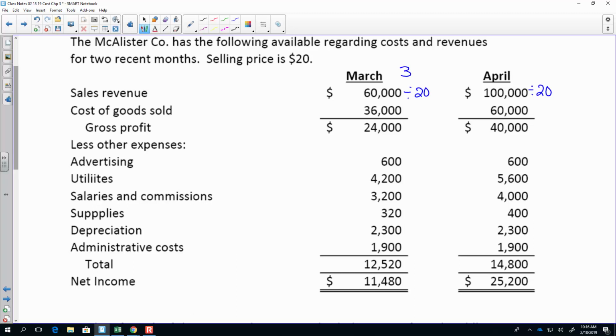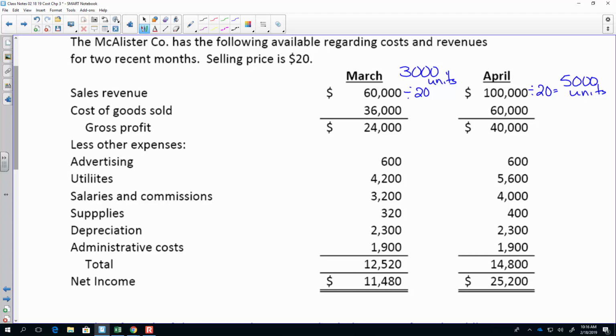So this is 3,000 units, and this is 5,000 units. $3,000 and $5,000.